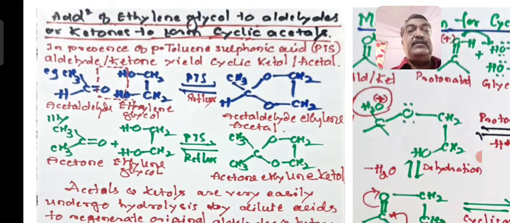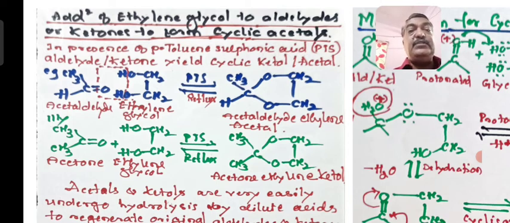Then when you talk about the reaction of alcohol to form cyclic acetals, for example, when you treat ethylene glycol, OHCH2 single bond CH2OH, with acetaldehyde in the presence of para-toluene sulfonic acid, PTSA, cyclization occurs.